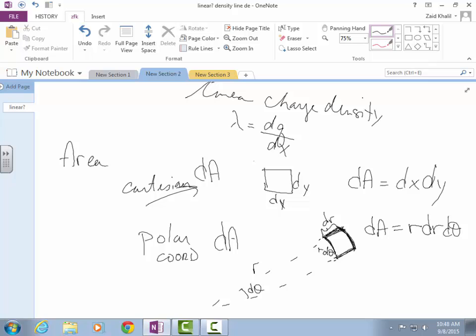So theta going from 0 to 2 pi equals 2 pi. Now let's integrate r dr. R squared over 2. And you get pi r squared, which is the area of a circle. So it makes sense. There you go, that's polar coordinates for area.